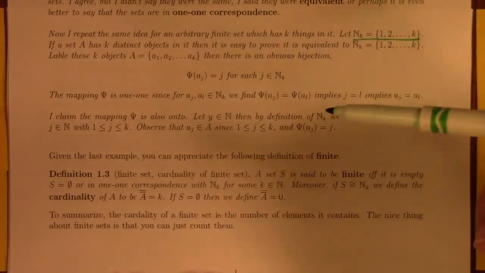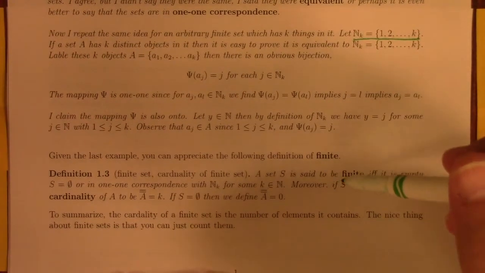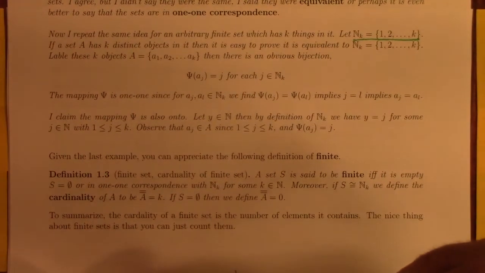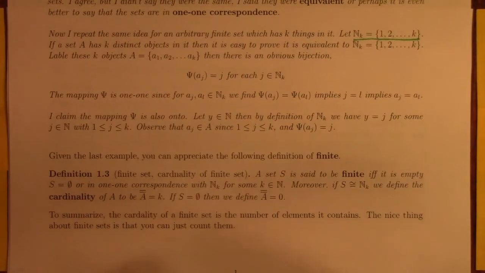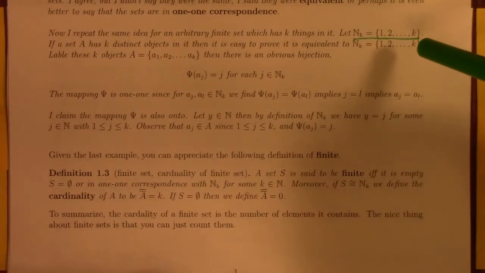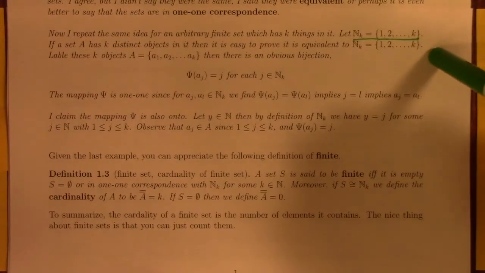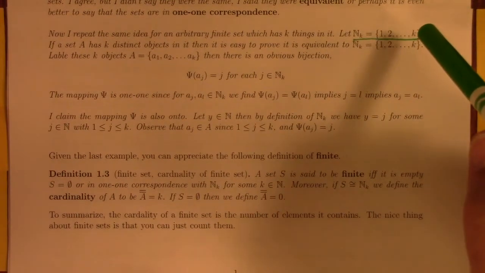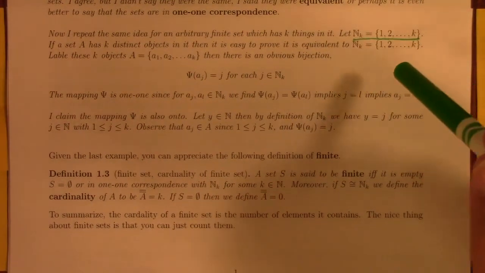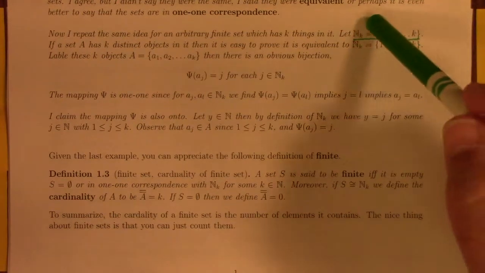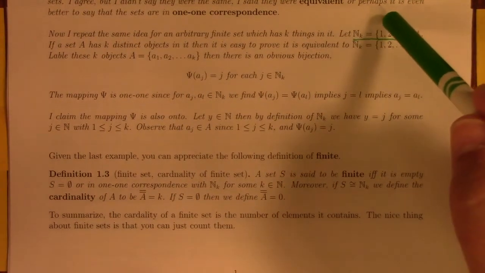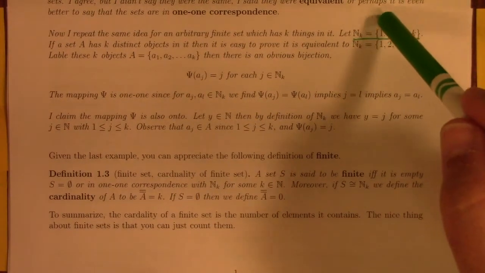So anyway, I'm just trying to motivate for you what we mean for a set to be finite and have k things in it. The way to formalize that is to insist that the set permits a bijection to this particular model of k things, namely the natural numbers 1 through k.